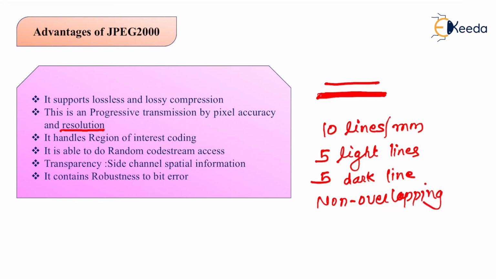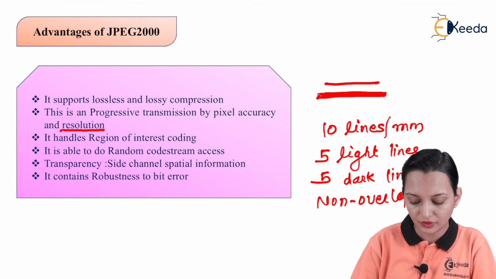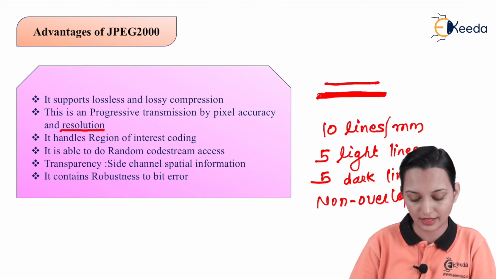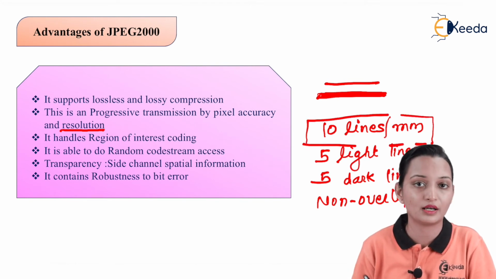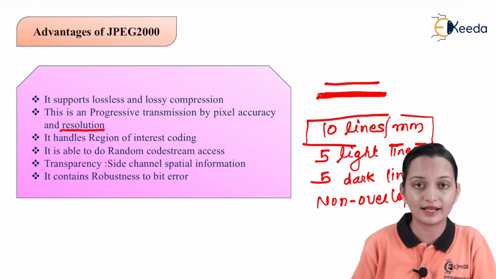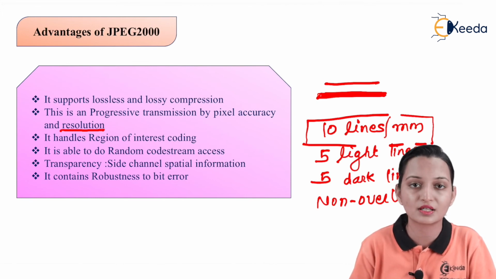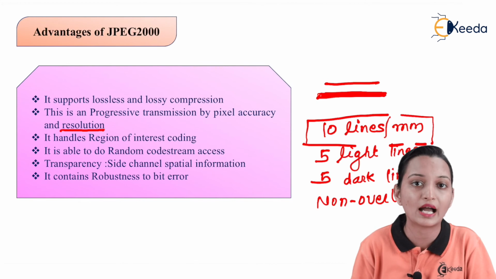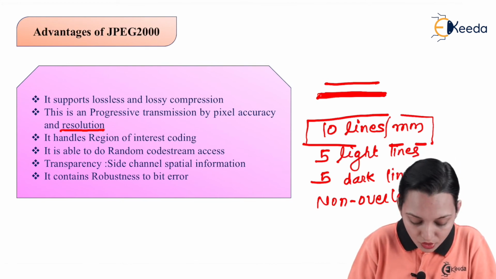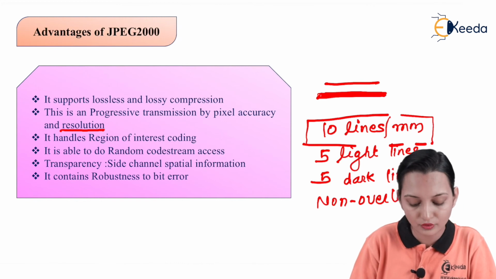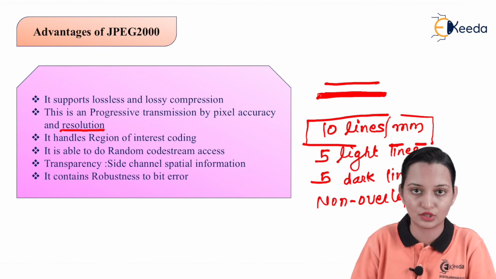Though they are very close to each other, they should be non-overlapping, and the alternating 5 light lines and 5 dark lines are nothing but the 10 lines per mm. This is the basic theory behind the photographic lens. So we said that a photographic lens will give us highly resolved photos. So this is again the progressive transmission by pixel accuracy and resolution.